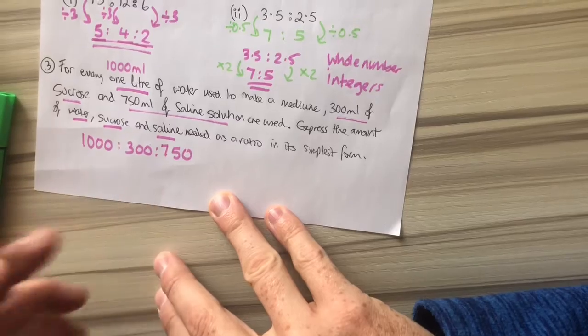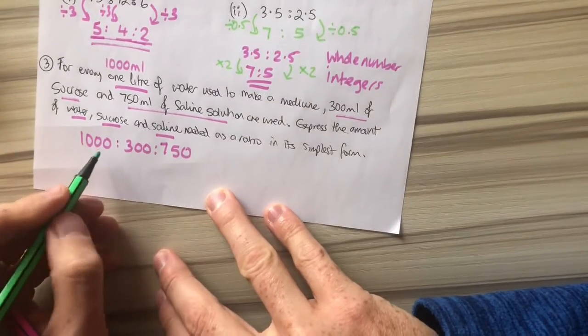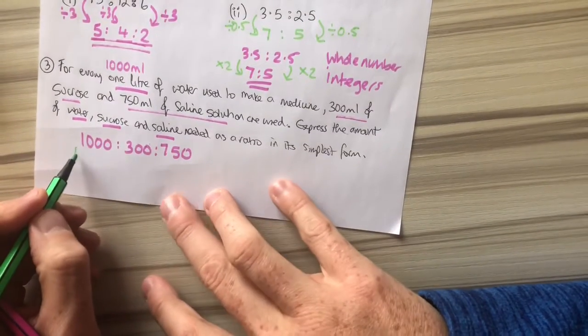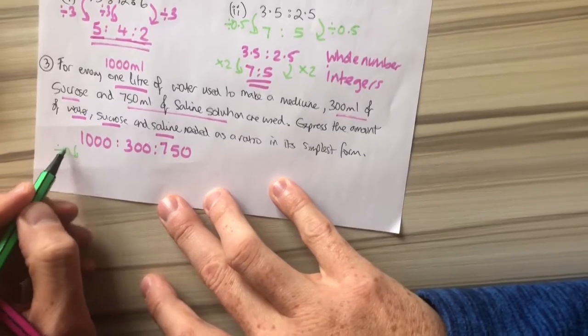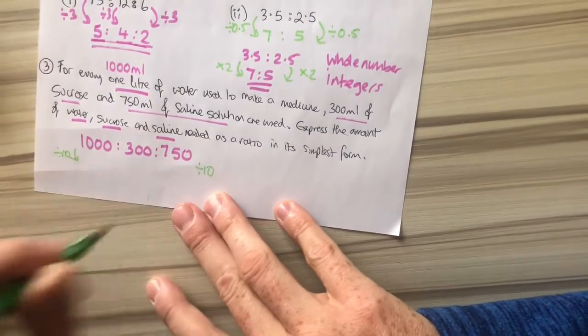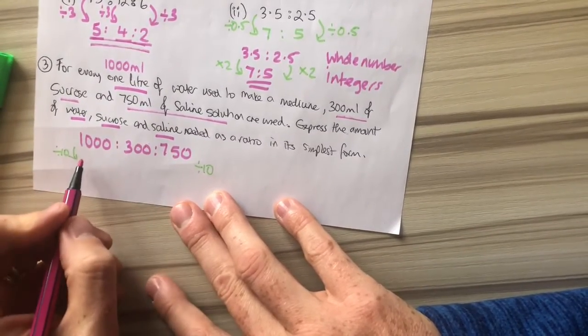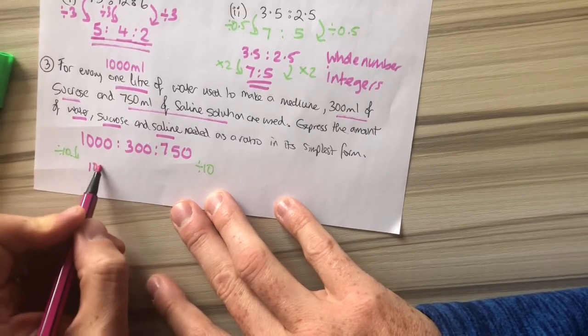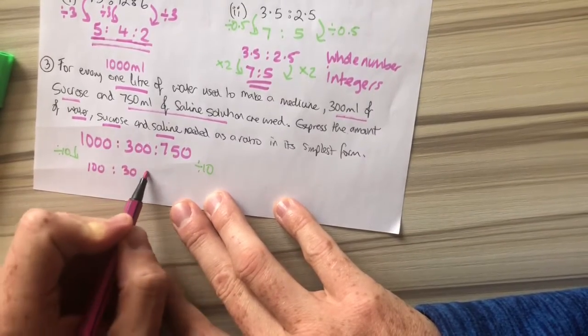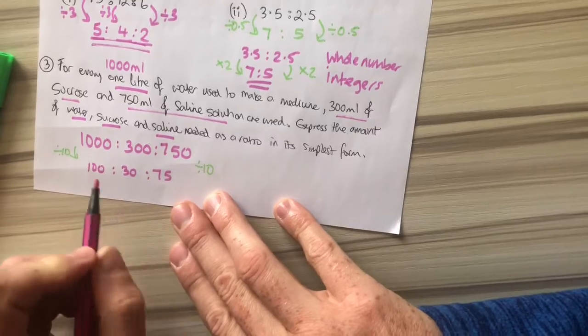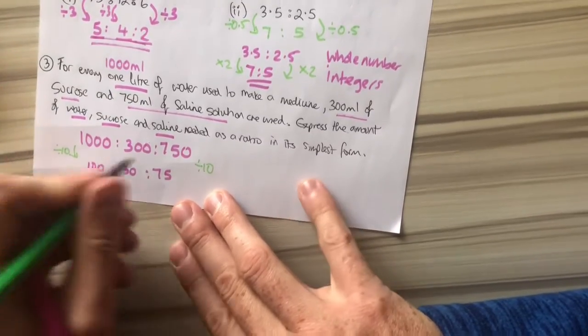Now you've got to try and cancel that down. So the most obvious thing to do first is divide by 10. You don't have to cancel it down all in one go. You can split it up. So divide by 10, 100, 30, 75. Now you can't get 10 to go in again.